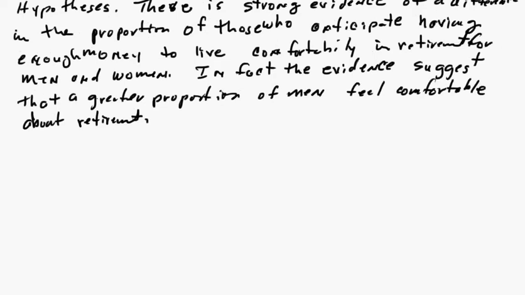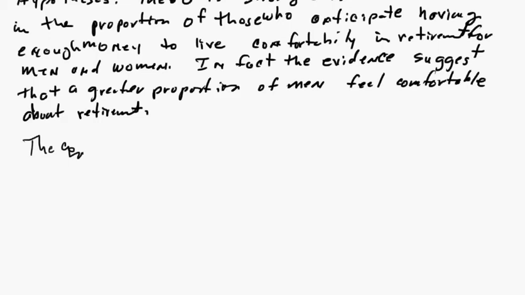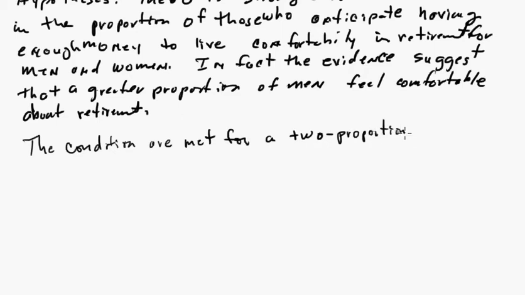The nice thing about doing a confidence interval after a hypothesis test is that the conditions have already been satisfied. So the conditions are met for a 2 proportion z interval.